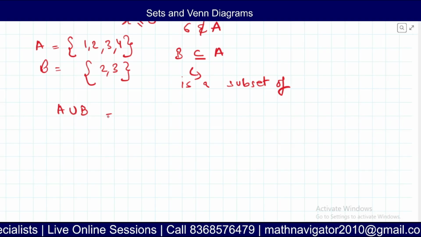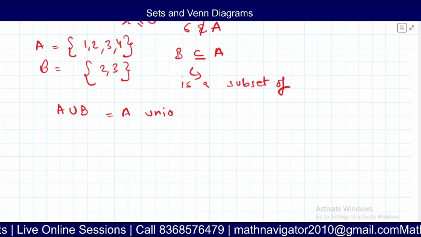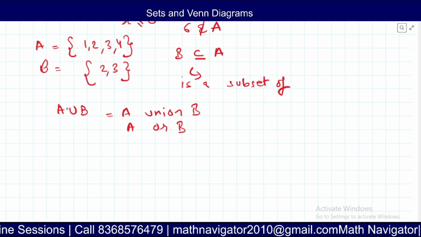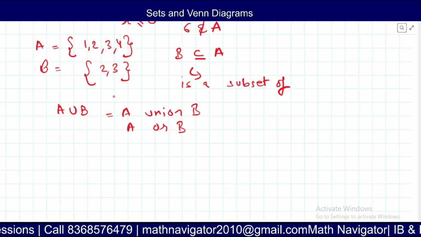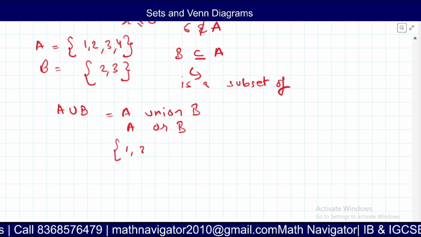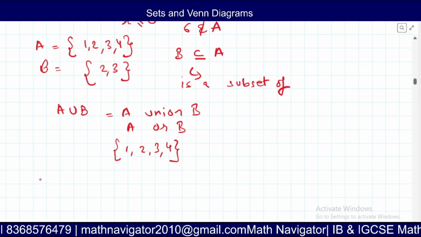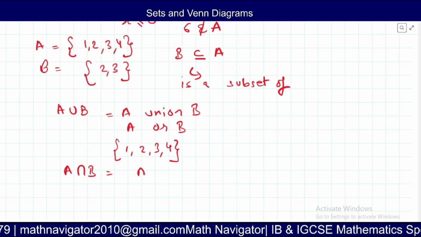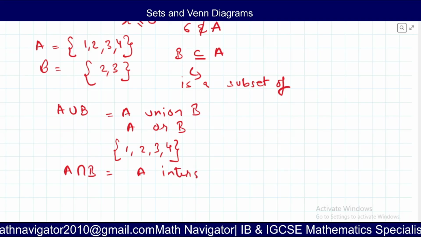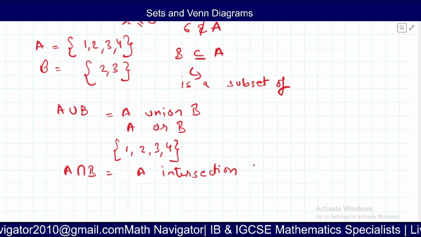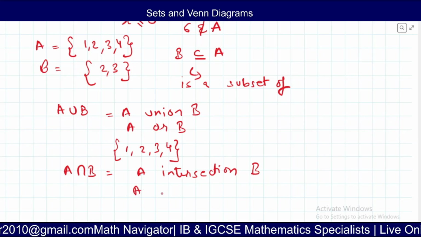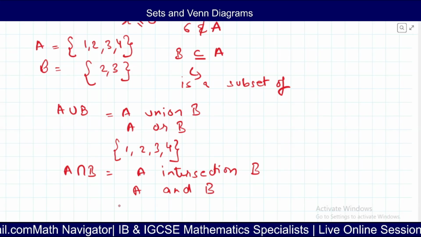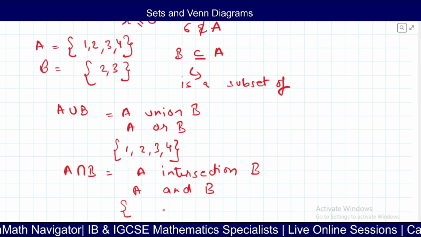Then we have some more things. This is read as A union B, which can also be called A or B. This means whatever is present in either A or B. So it is 1, 2, 3, and 4. Then we have A and B. This is read as A intersection B, or A and B. This will be whatever is present in both A as well as B. So that is 2, 3.